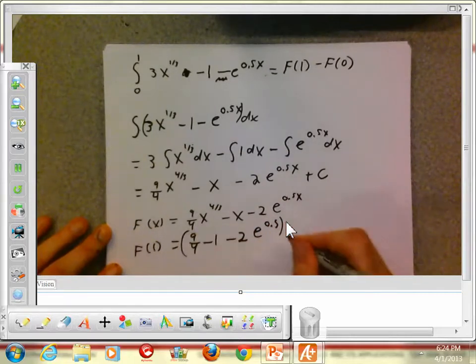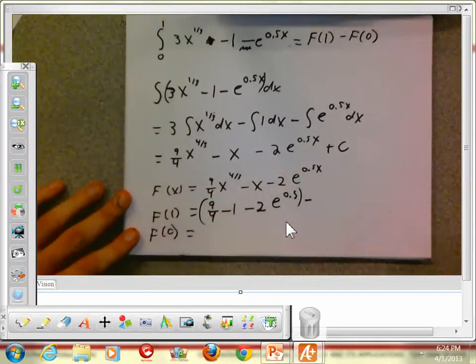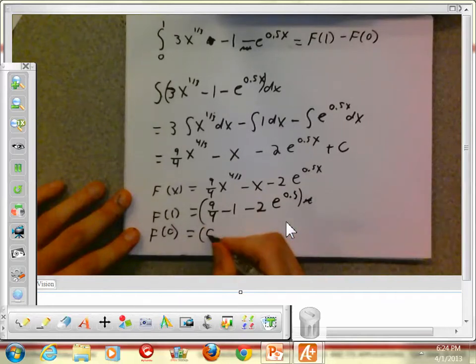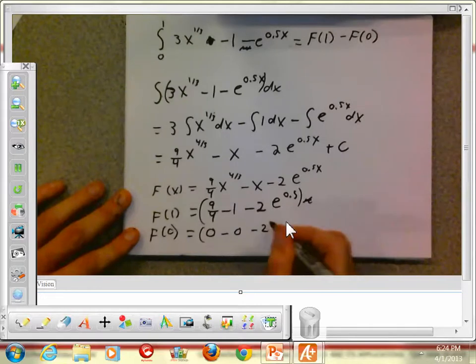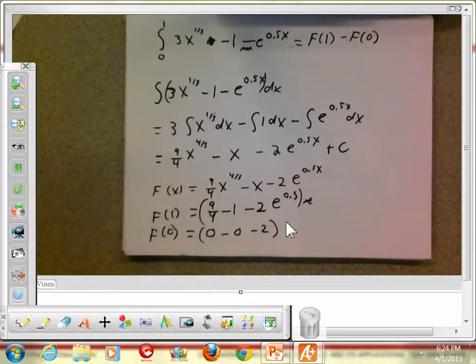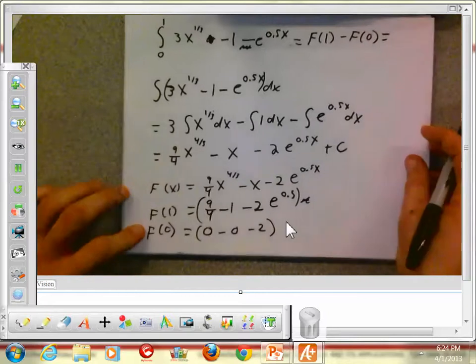And it's going to be minus f of 0, which, if I plug in 0, I'm going to get 0 minus 0 minus 2, right? So if I subtract these two, I'm going to get approximately negative 0.047.